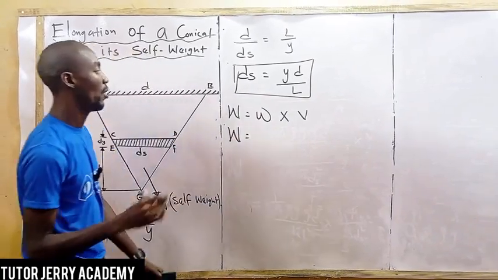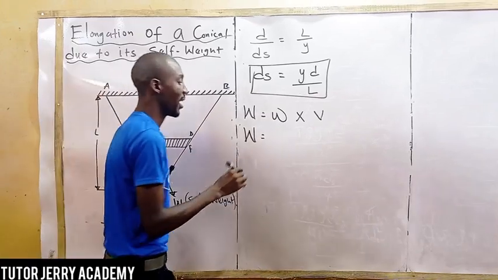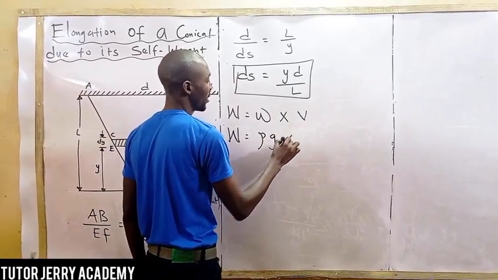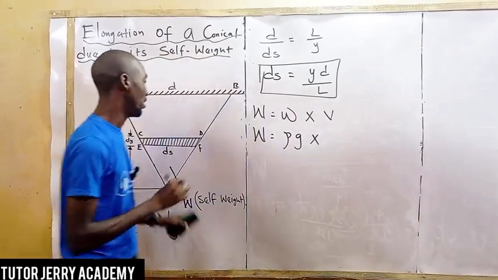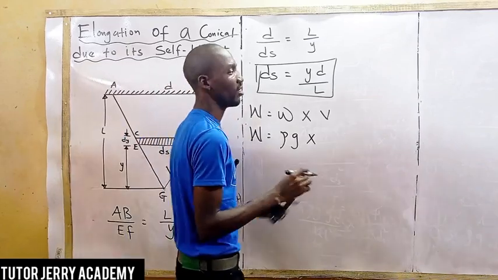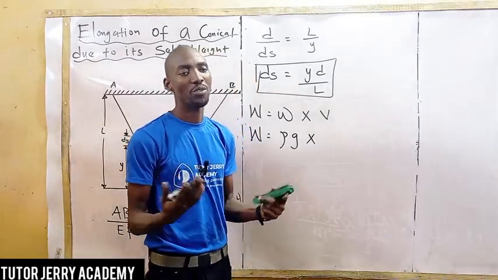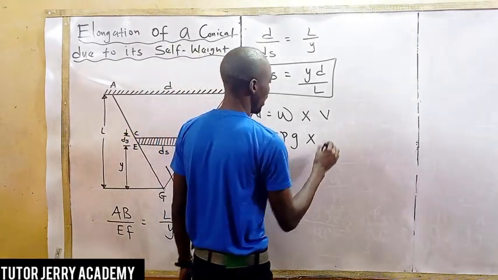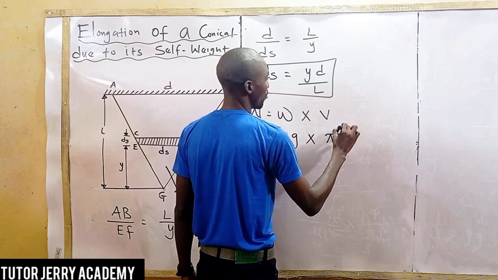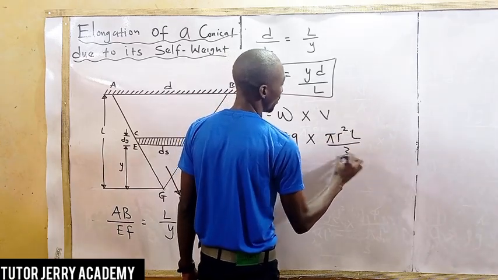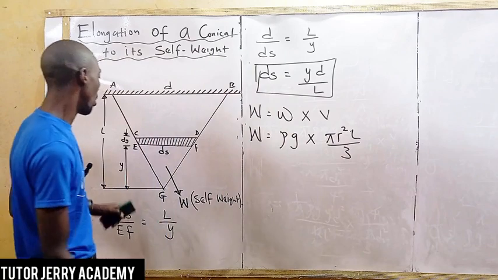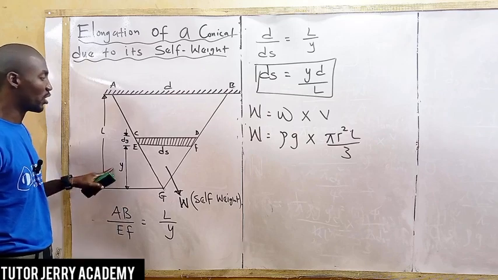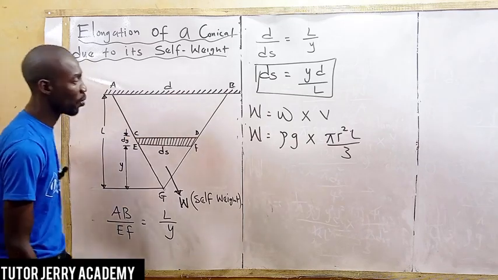Weight density omega is density times gravity. The volume of the differential element can be taken as the volume of a cone, and the volume of a cone is pi r squared L over 3. But the length of the differential element is y, so our L will be taken as y.